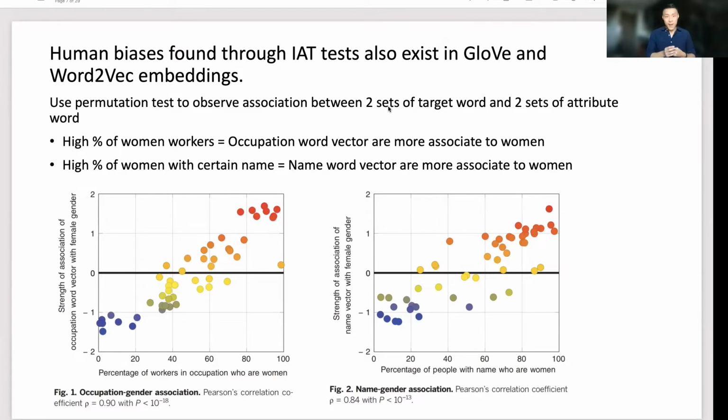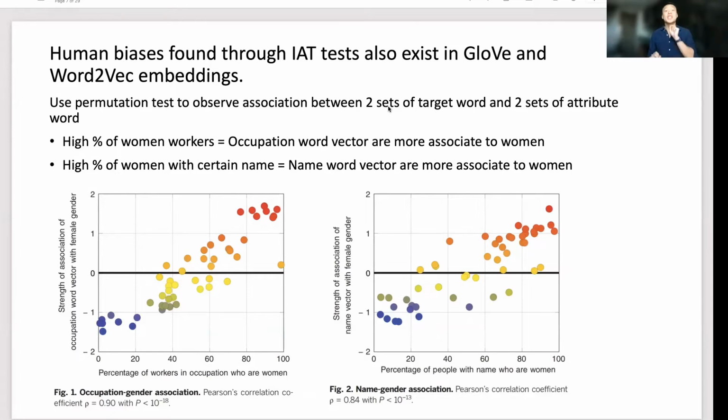So what they found is that the association of say male and female are almost perfectly correlated with the actual percentage of workers in each occupation. For the graph on the left, the x-axis is the percentage of workers that are in that occupation.